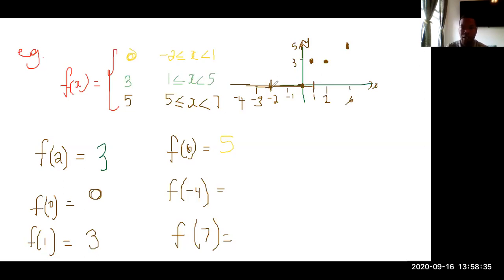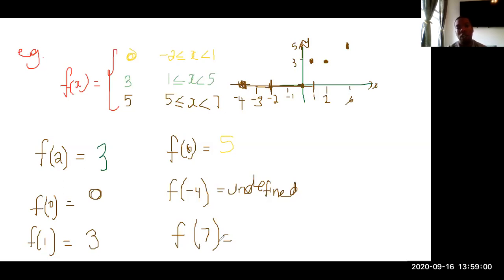That's what that one is saying. But we're trying to find -4. Oh yes, -2 is greater than -4, because remember, this is the number line. So for this answer, we put undefined.